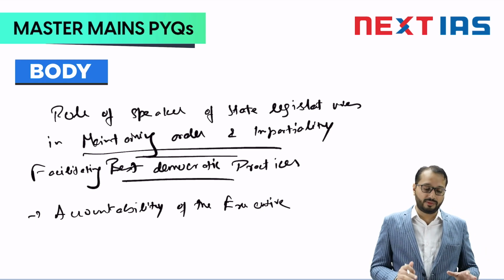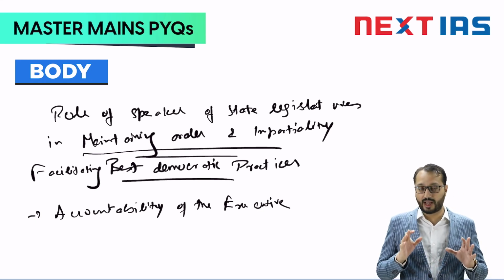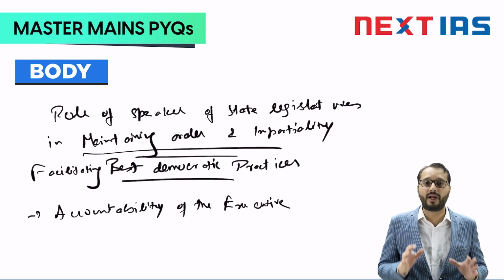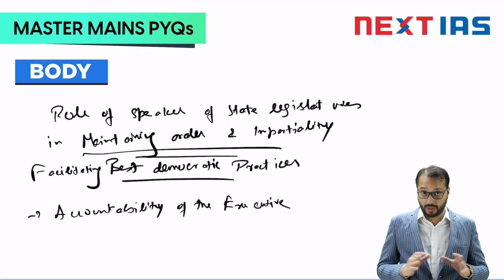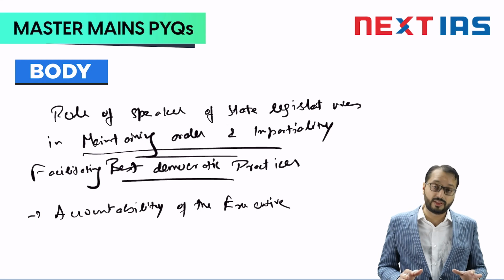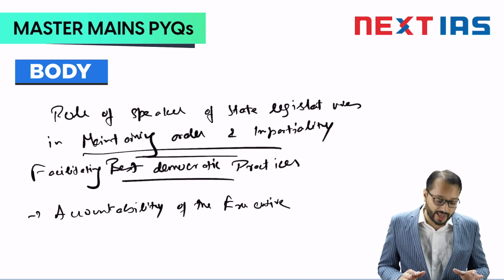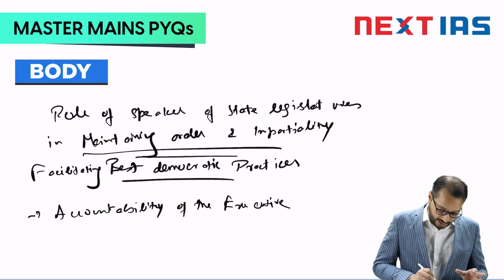So to ensure that the government of the day is upheld, the executive is responsible to the legislature. And to ensure the better management of this accountability of the executive, the speaker has a huge role to play as far as question hour is concerned, zero hour is concerned, right?